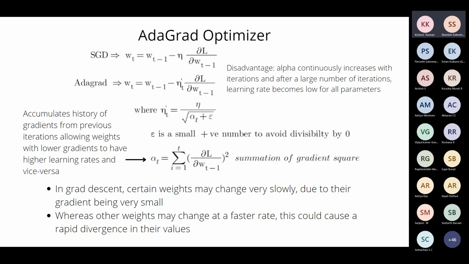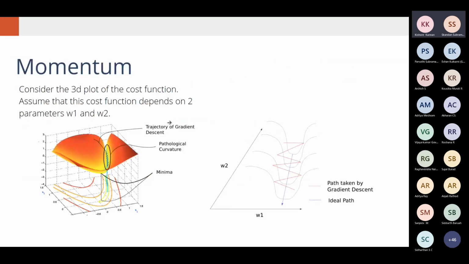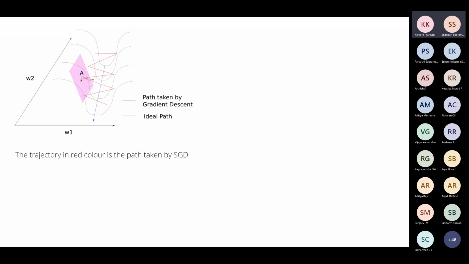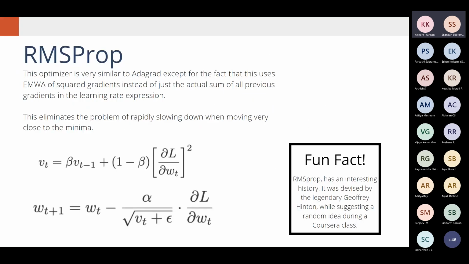That decreases the value of eta dash t, because if the denominator is very large, then eta dash t will be very small, which in turn significantly lowers the learning rate as we move towards the minimum. So that's the problem with Adagrad.